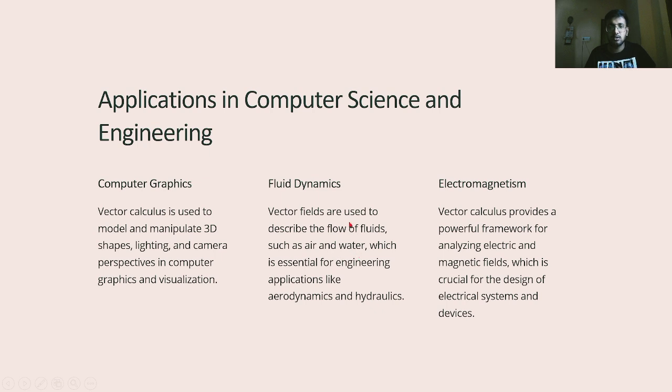The flow of fluids can be measured using vector fields along with the help of physics. Next we have electromagnetism. Vector calculus provides a powerful framework for analyzing electrical and magnetic fields. It is crucial for the design of electrical systems and devices.